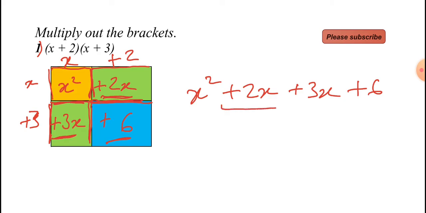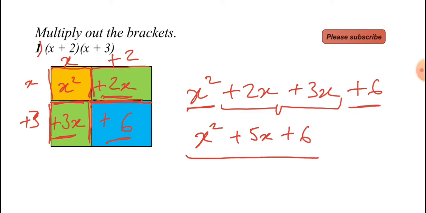So here, we can collect the like terms. So plus 2x plus 3x is plus 5x. And then just copy down the x squared, because we cannot collect like terms. It's the only x squared term. And the plus 6 we just copy down. So the final answer is x squared plus 5x plus 6.